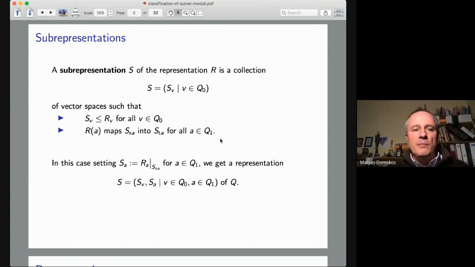Then it makes sense to restrict the linear maps R_A to the subspace S_{S(A)}, and we get a representation of the quiver.